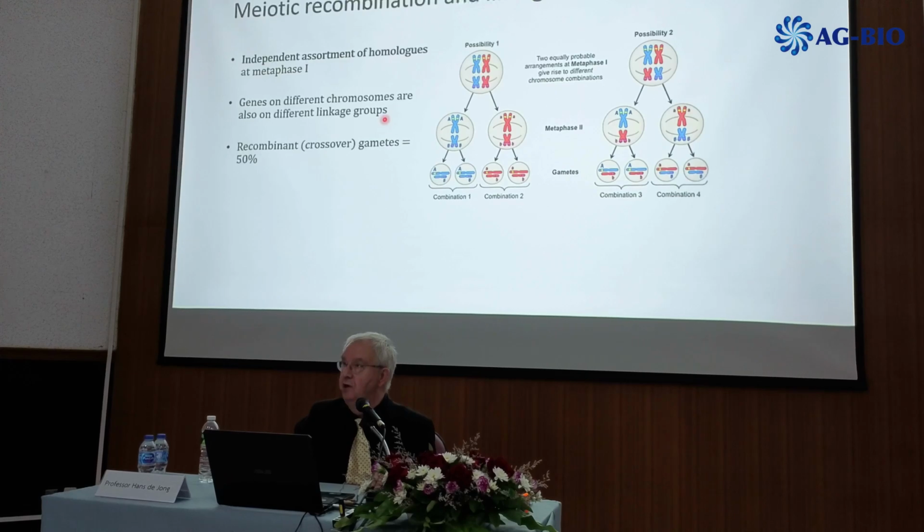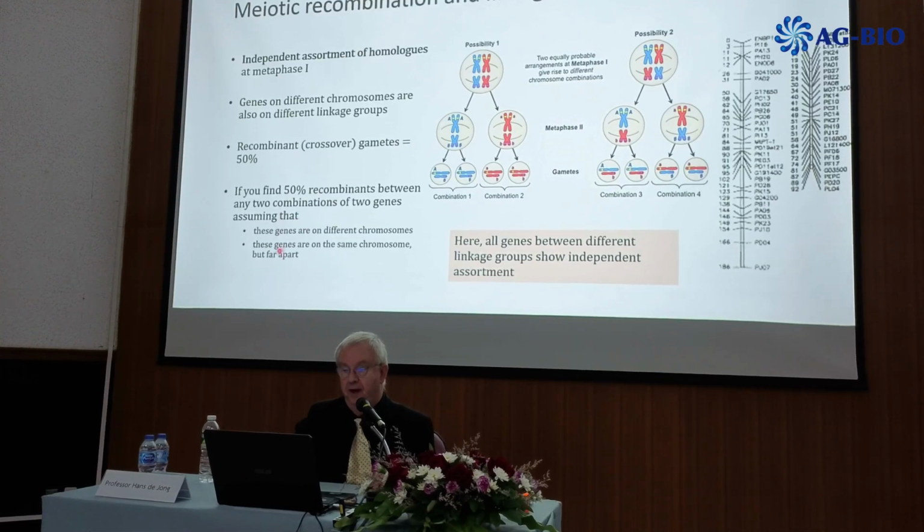That is also the basis of what Gregor Mendel found more than 150 years ago as a basis of heredity. And the second one is that you have between the homologous chromosomes a crossover which gives a recombination between two of the four chromatids.